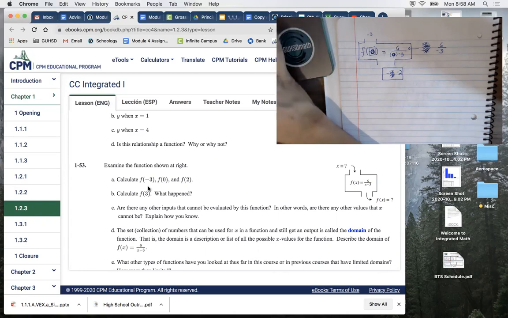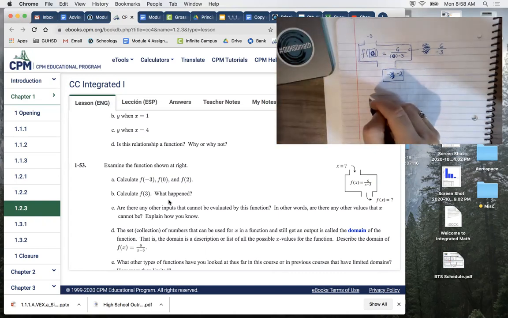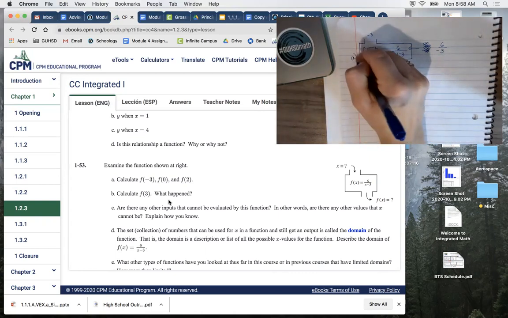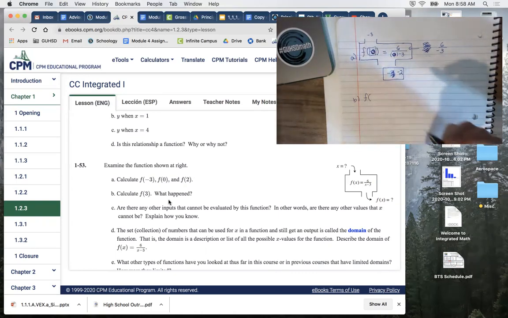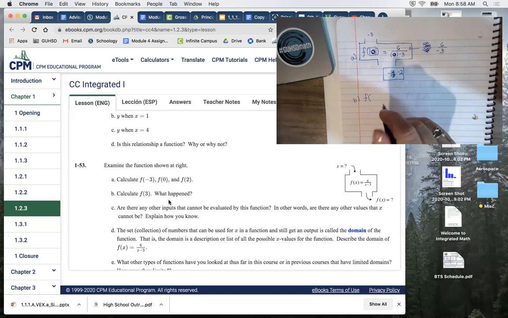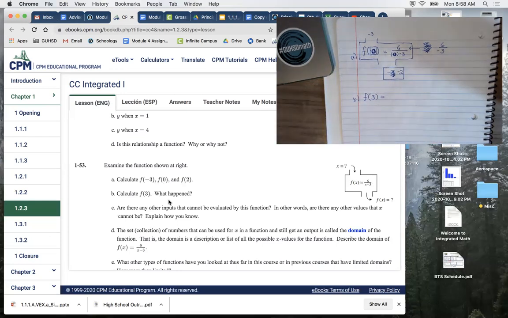Now it says calculate f of 3. That's what I'm going to do next. Down here, I'm going to do part B. This was part A that I went through. I'm going to do part B because something unique happens that we need to talk about. When I plug in 3 instead, I get 6 over 3 minus 3.